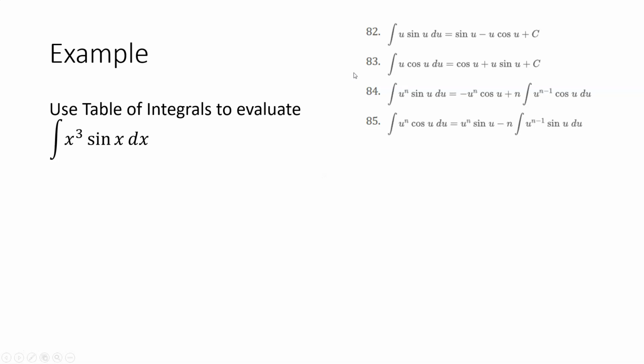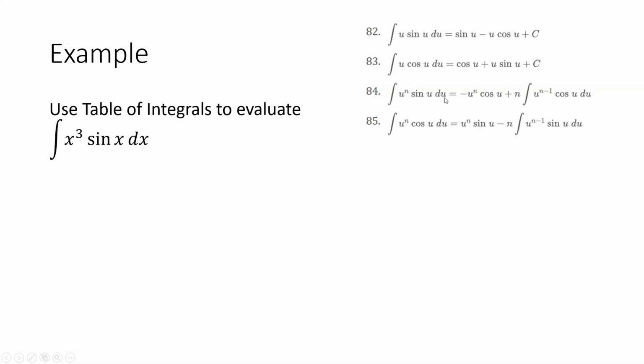This is going to utilize multiple formulas. We start with something of the form x cubed sine x, which I can use the 84 here in the table, with n equal to 3, right, to get the reduction formula here.